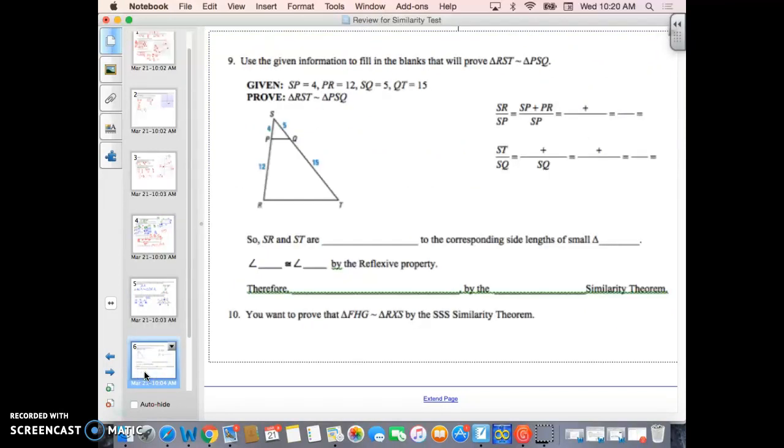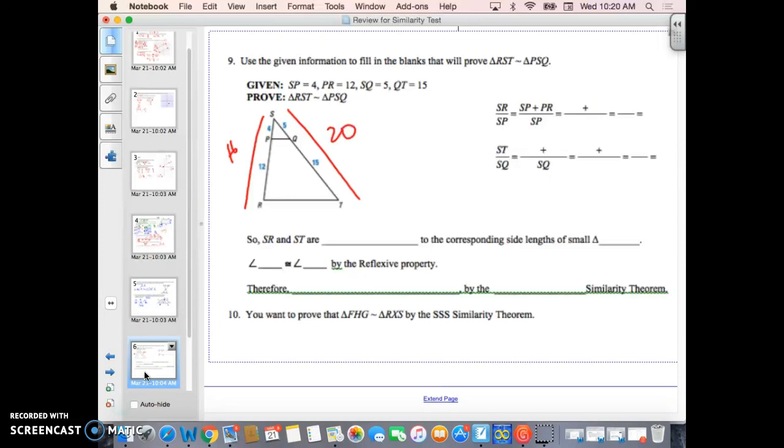Number 9. This looks complicated, but really it's not. So SR is the long length. So it's actually 16, because 4 plus 12. And ST is the long length, which is really 20, because it's 5 plus 15.